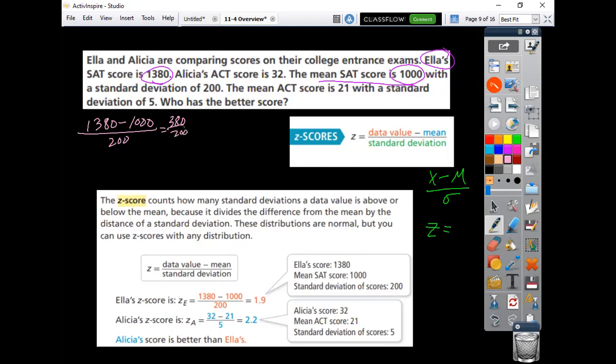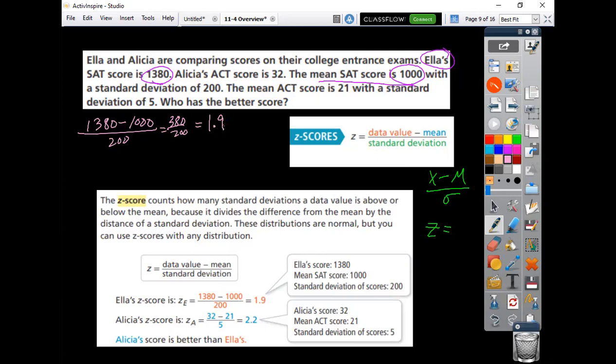And so if you divide that out, in terms of standard deviations, how did she do? Well, if you take the 380 divided by 200, she did 1.9 standard deviations better than the average. So then we'll go to the next one.